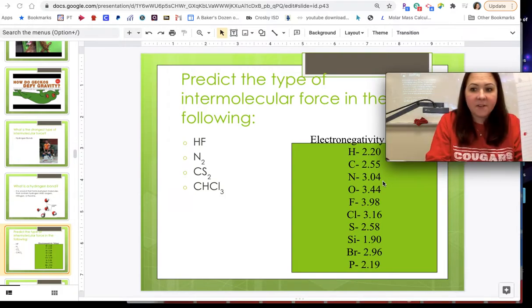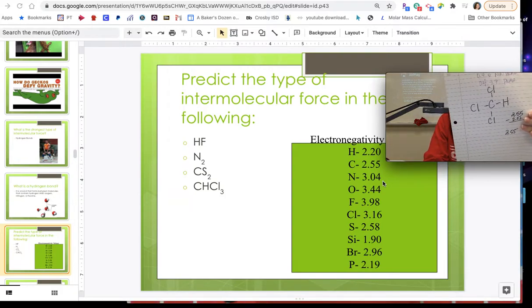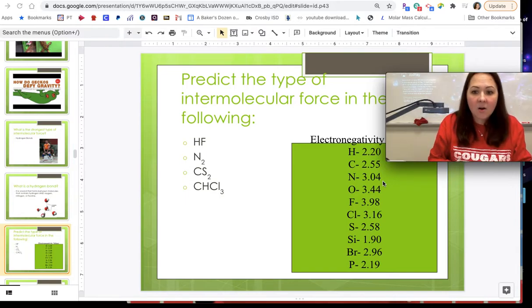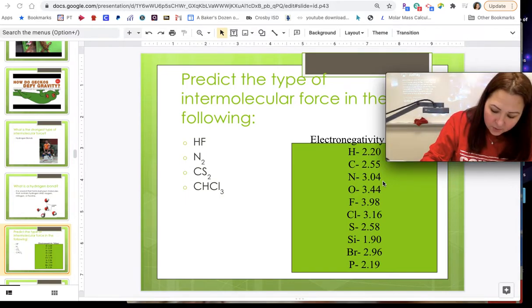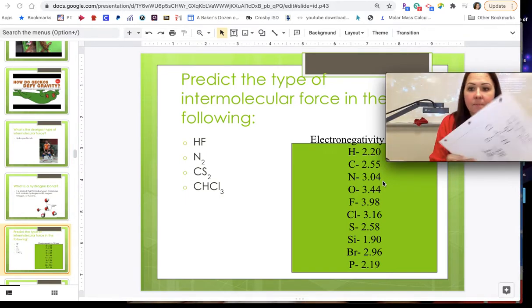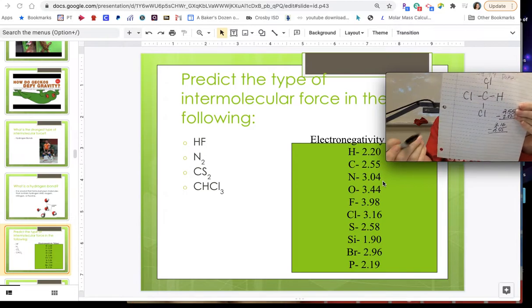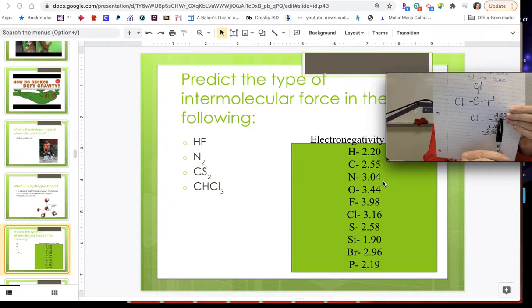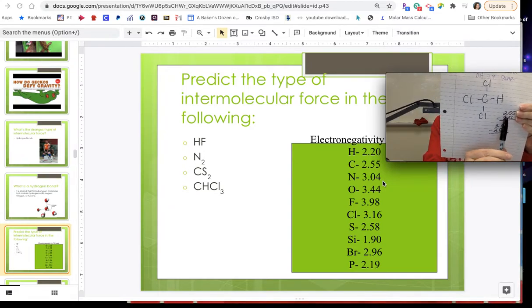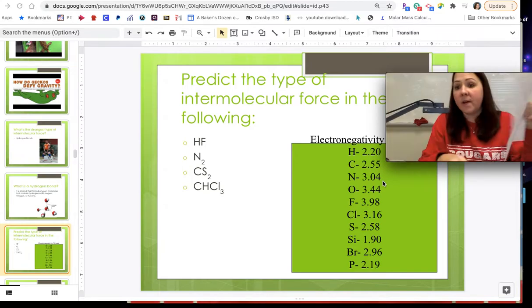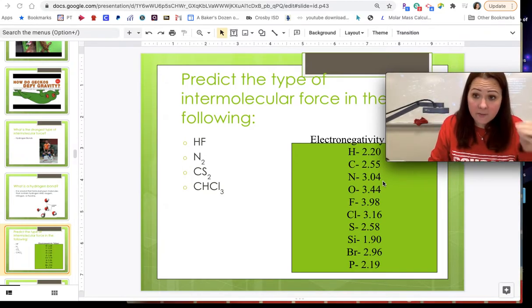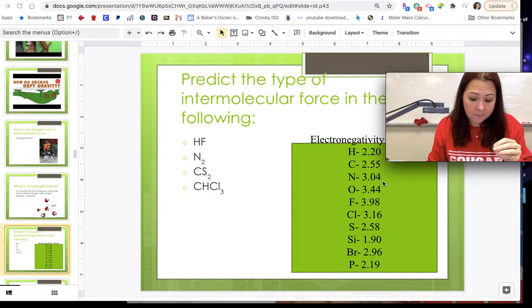So I'm going to get a difference between those two. I also need a difference between chlorine and carbon. So I'm going to do two separate math problems, and get an answer here, polar or nonpolar, and an answer here, polar or nonpolar.